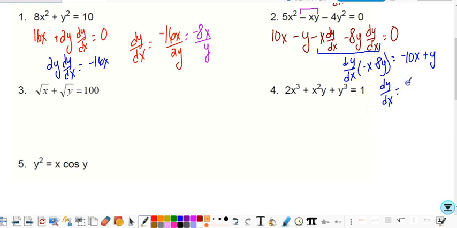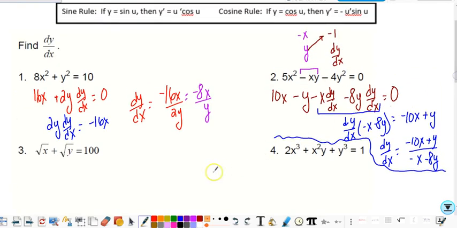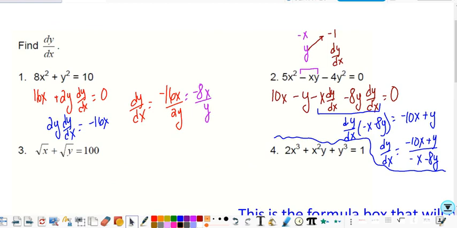And then our last step is to divide both sides by negative 8 minus 8y. So that's the answer to number 2. I'm going to want this down here.